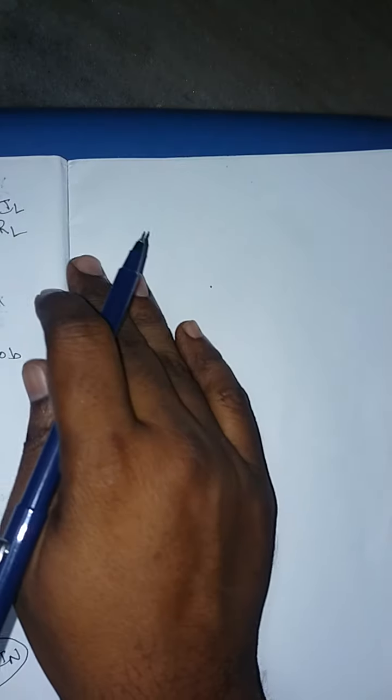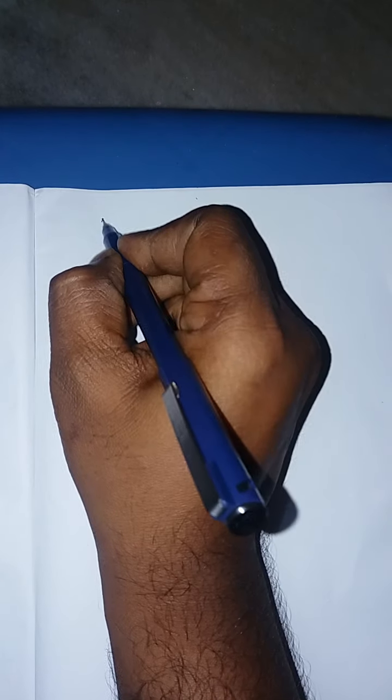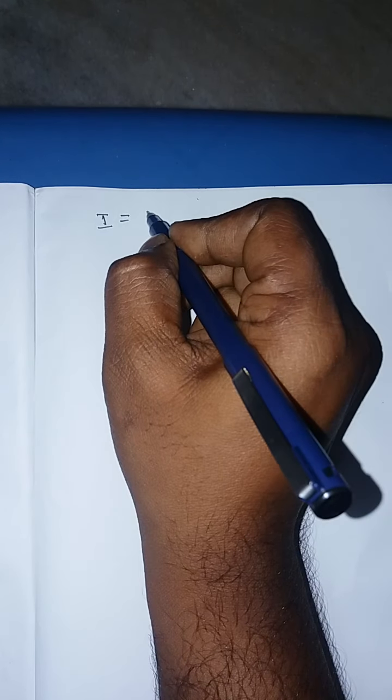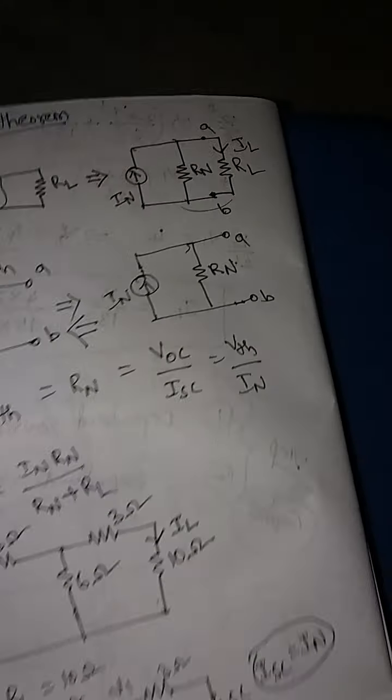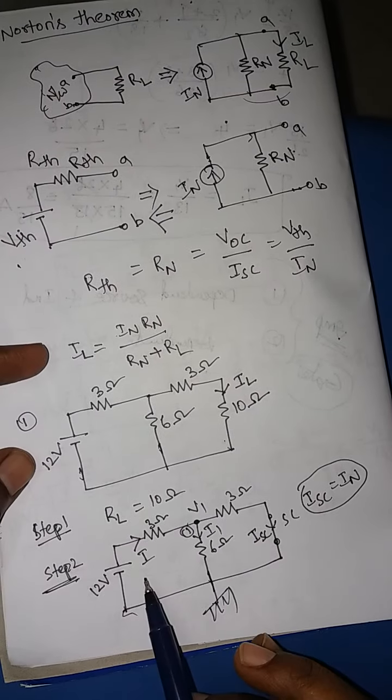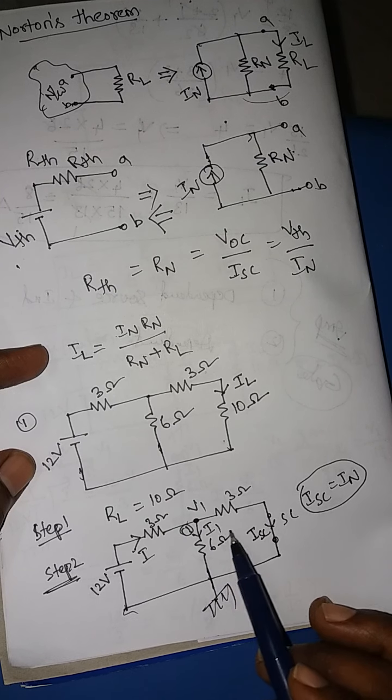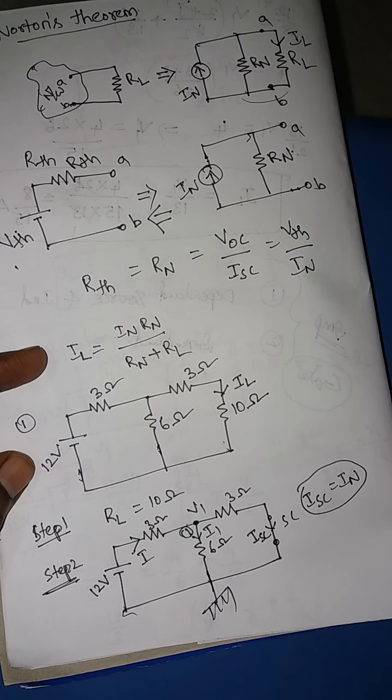Thus if you apply the KCL, here we have the equation I = I1 + ISC. That is, the sum of currents entering the node is equal to the sum of currents leaving the node. I is entering, and I1 and ISC are leaving.